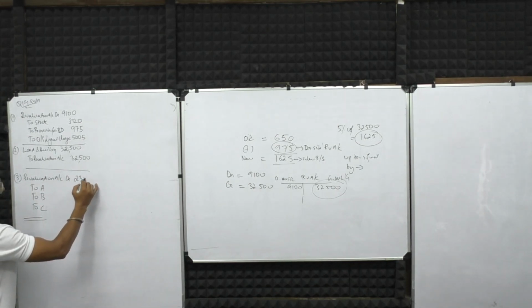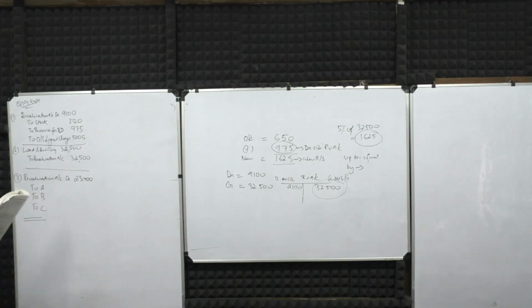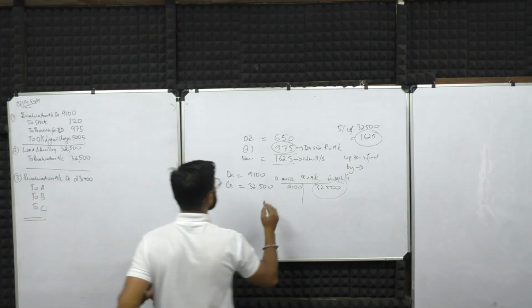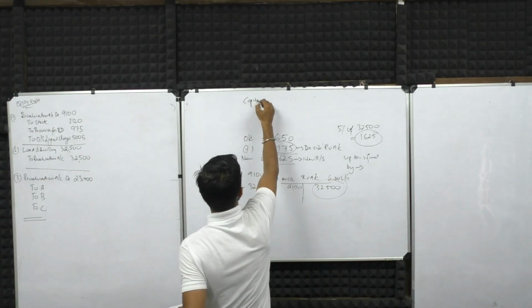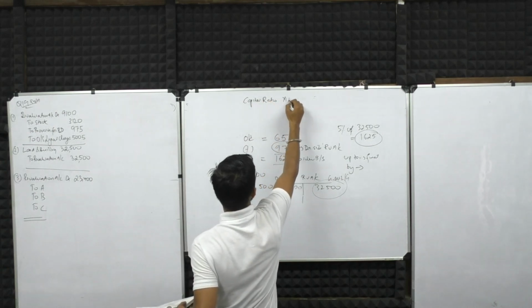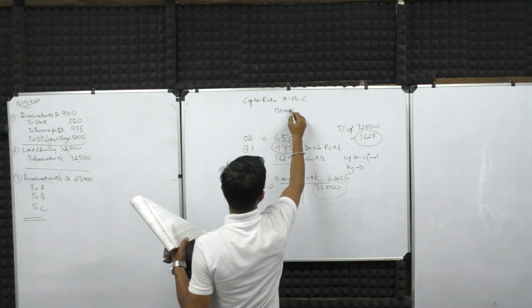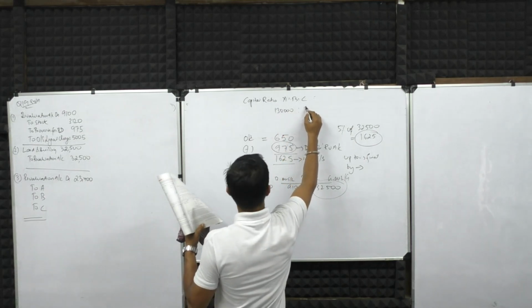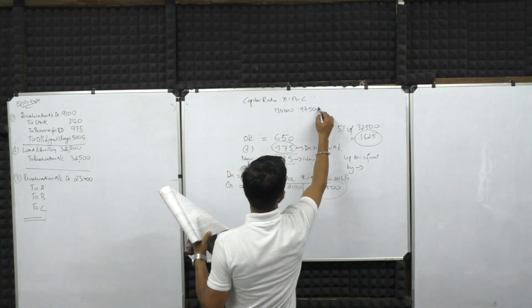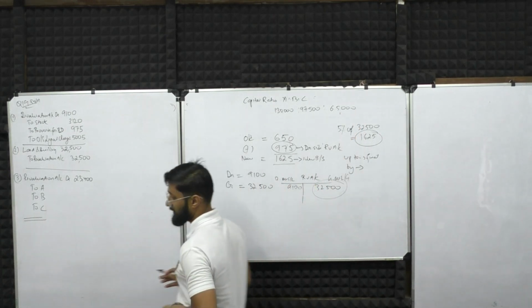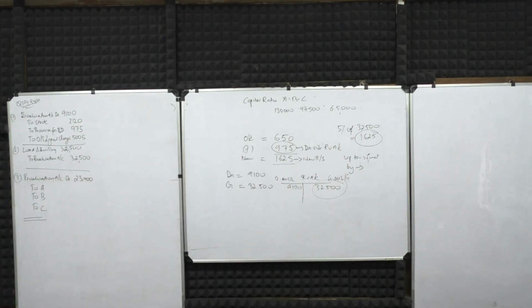Example profit 23,400. In what ratio? Sorry, in proportion to their capital. The capital ratio between A, B and C is 97500 to 65 and so on, reduced to 4 is to 3 is to 2.